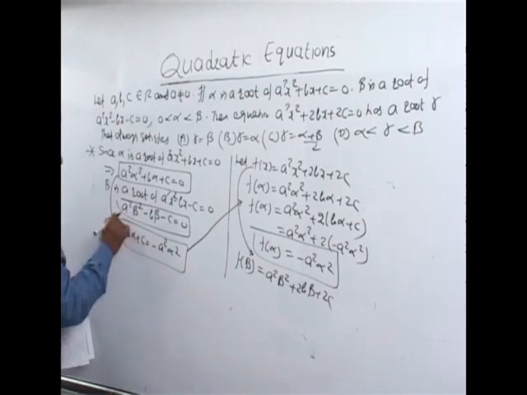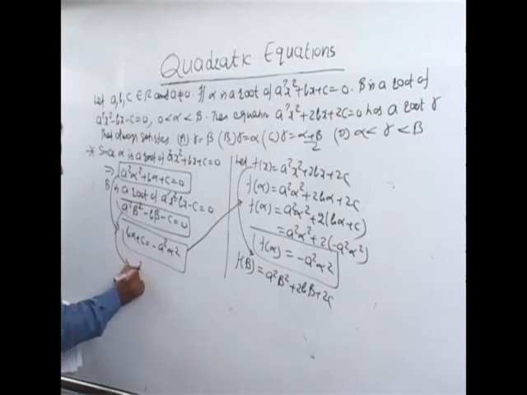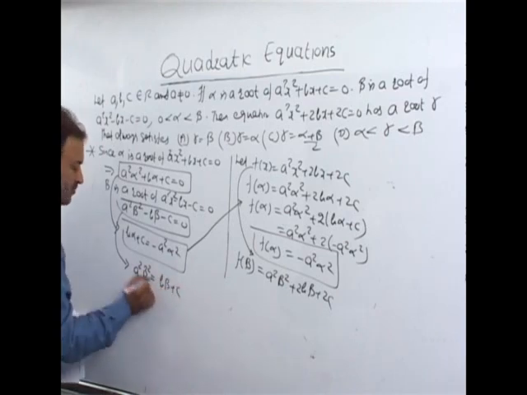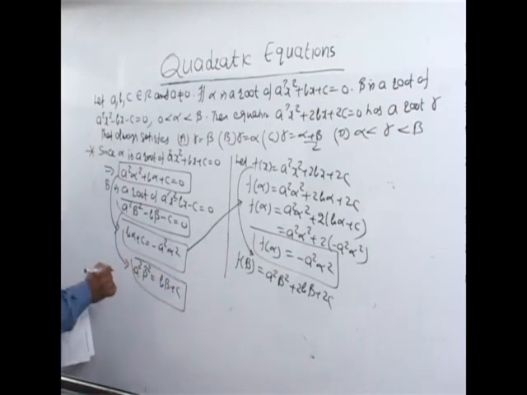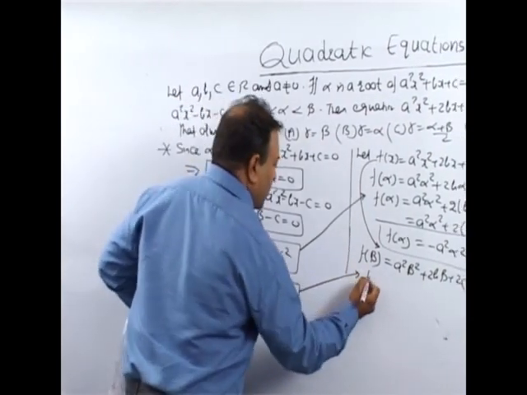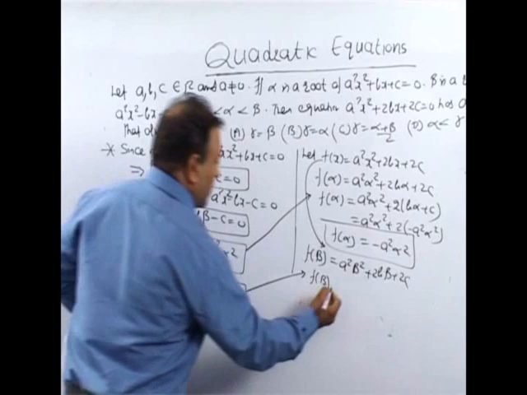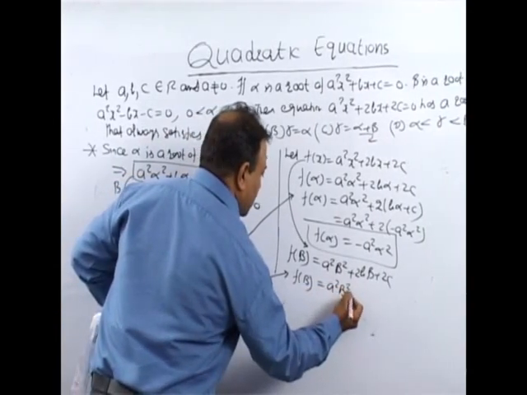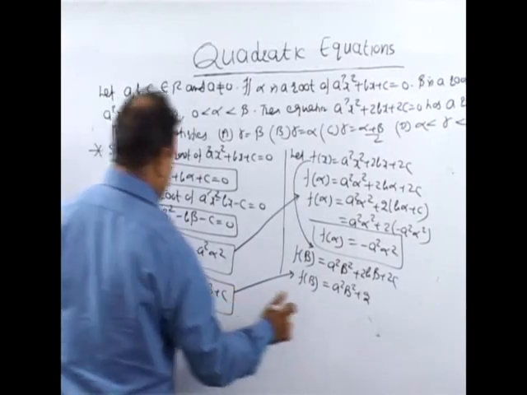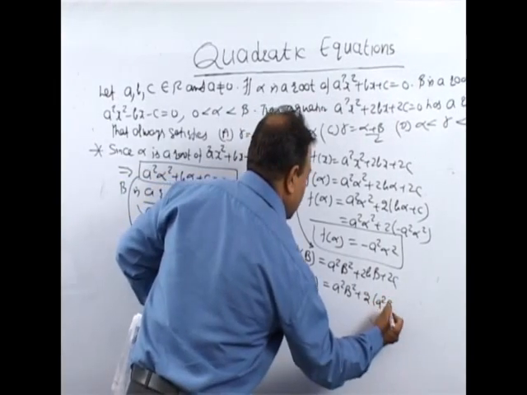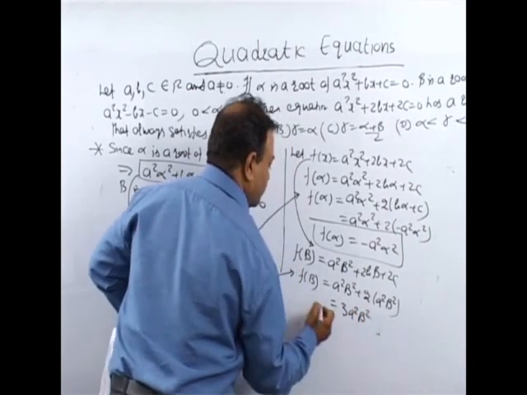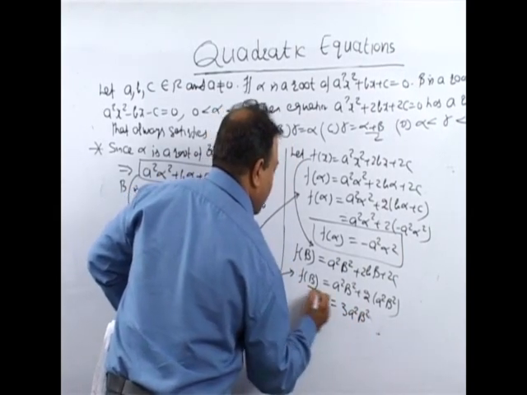From here we can conclude one thing, a square beta square is equal to b beta plus c. Now I substitute this relation over here. F beta is equal to a square beta square plus 2, instead of b beta plus c, I will substitute a square beta square. I got 3 a square beta square. This is f beta.